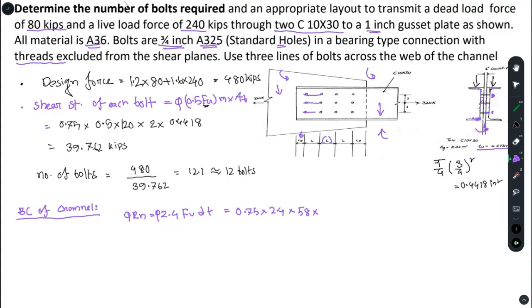So your d value is the diameter of the bolt, and your t value is given, tw is given 0.673, and you'll get a value of 52.7 kips.